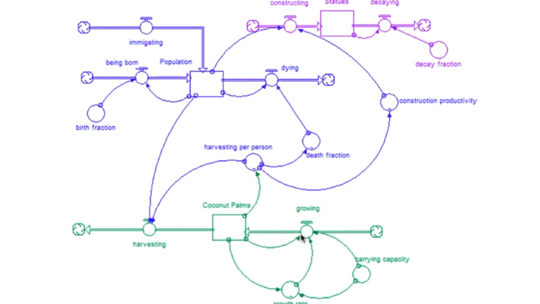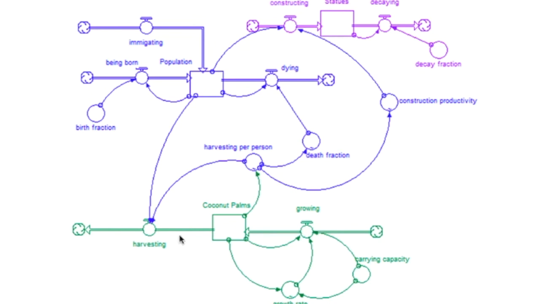So it is already including the inflow and outflow of the logistic growth equation. It includes all the components that we discussed for the logistic growth, which are the growth rate, the carrying capacity, and the stock, right?